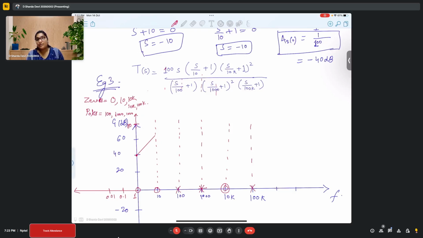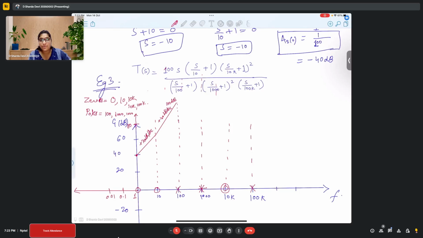Another plus 20, so that means 40 dB per decade. So what will be my gain at this point? 60 plus 40, 100. So here it will be 100 dBs, right? Because this is plus 40 dB per decade. Here you have 20 dBs per decade.